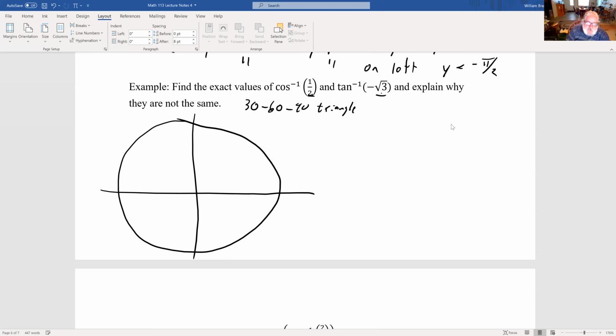I've drawn a 30, 60, 90 triangle with 1/2 here, going down. So I've got an x of 1/2 and a minus square root of 3 over 2 as the opposite. And so this angle is minus 60 degrees, which is minus pi over 3.